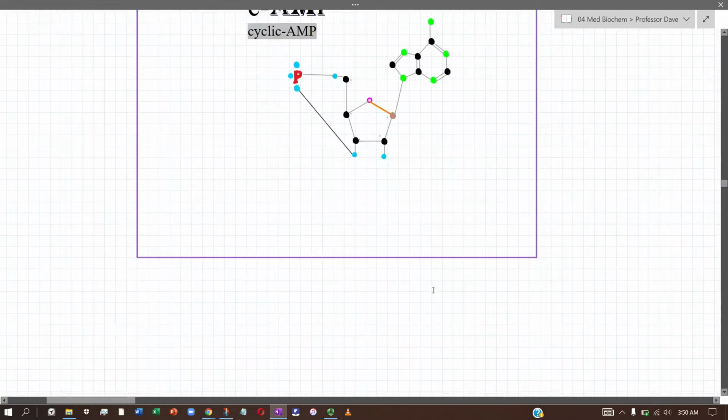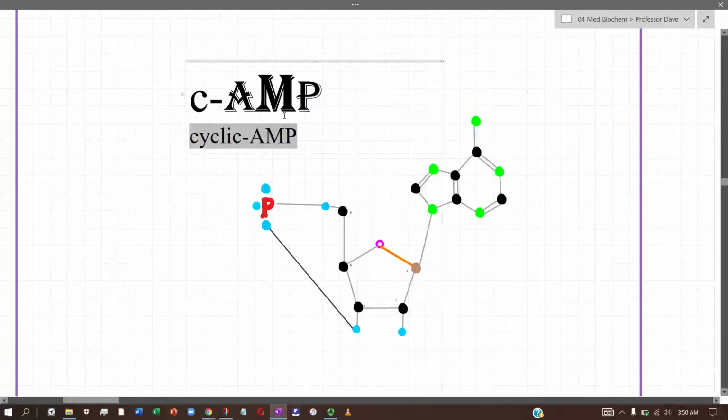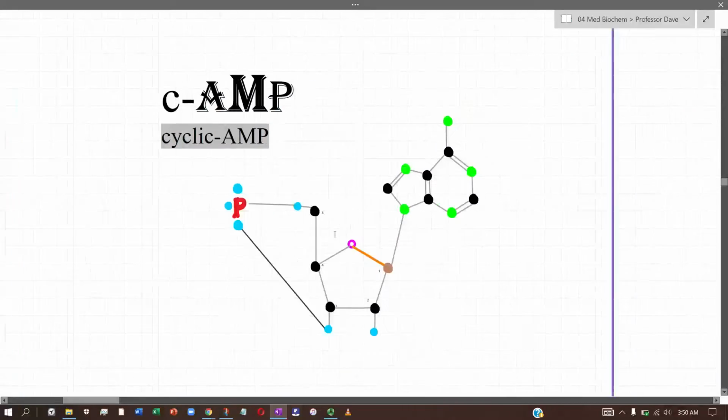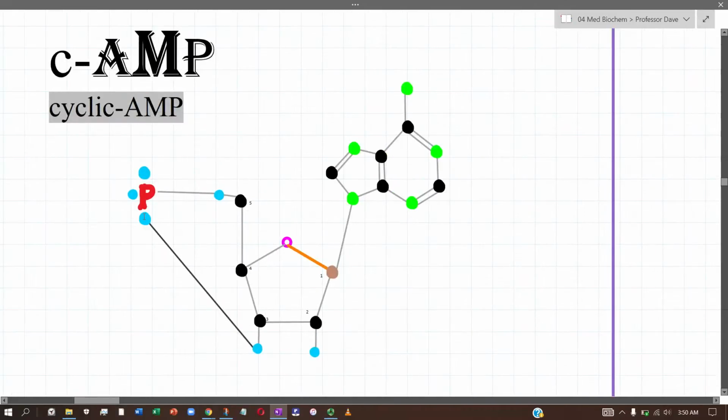Something else important to point out about nucleic acids is the existence of cyclic AMP. So what happens is that one of the oxygens from the phosphate group reaches down to the hydroxyl group, or well, one way or another, there's a bond that happens between this hydroxyl group and this oxygen of the phosphate group.